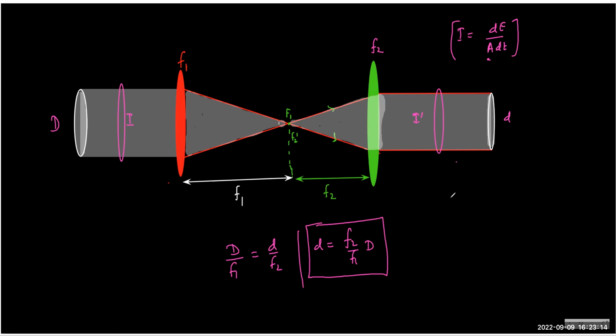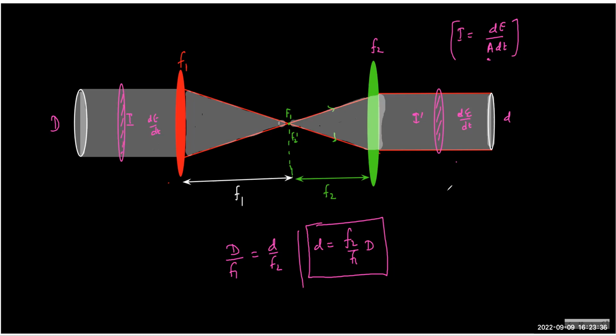Because we are not losing energy, whatever energy is coming from the left, the same energy is going out here. So dE by dt is the same for both. What is different? Only the area.